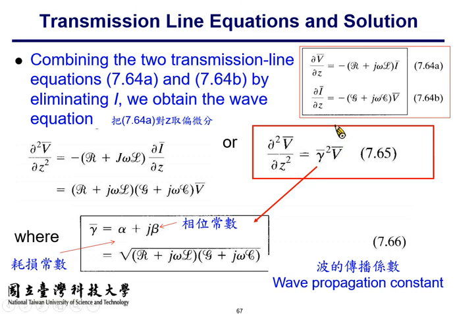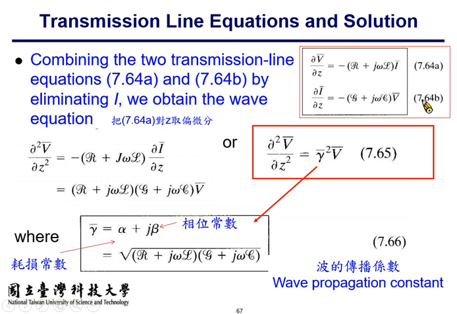Then we can further develop our transmission line equations by what we have done before. We take another derivative on both sides. For example, if we take the spatial derivative on equation 7.64a again, then the derivative of V with respect to Z becomes the second derivative of V with respect to Z. And on the right hand side, you are taking the derivative of I with respect to Z. Note that this spatial derivative of current can be replaced with equation 7.64b.